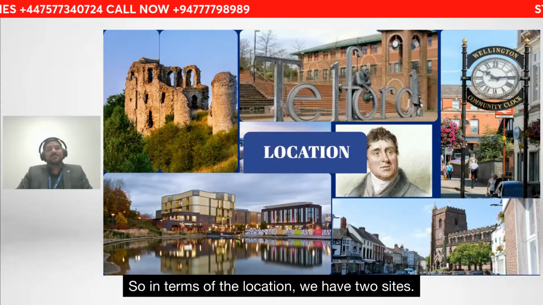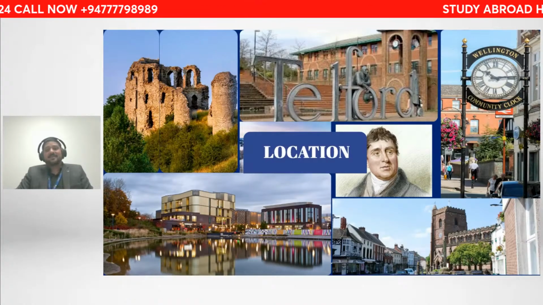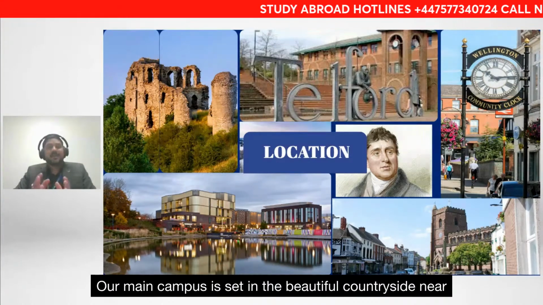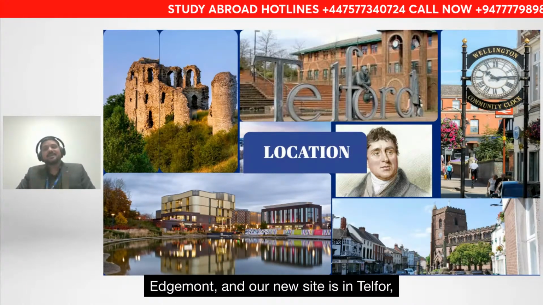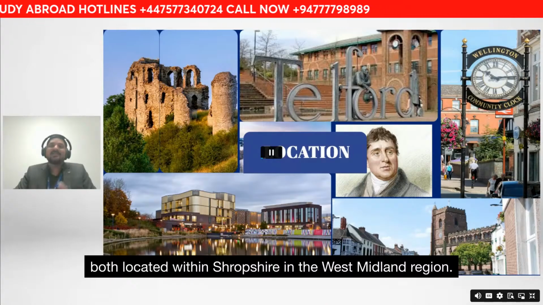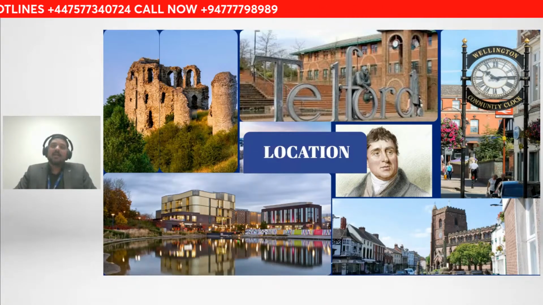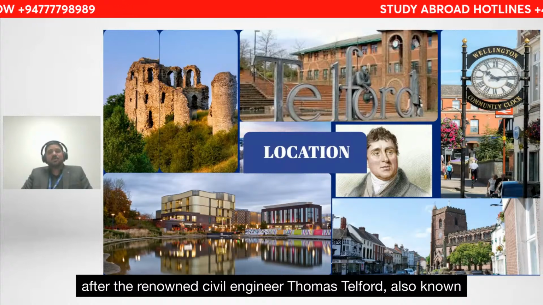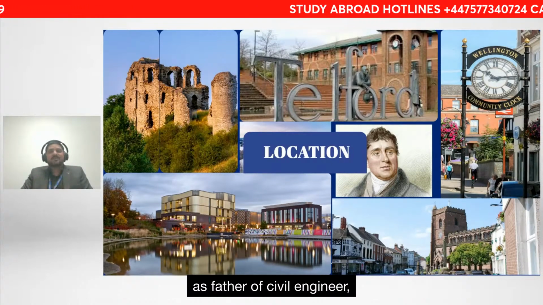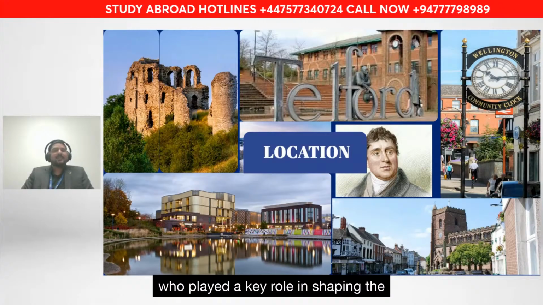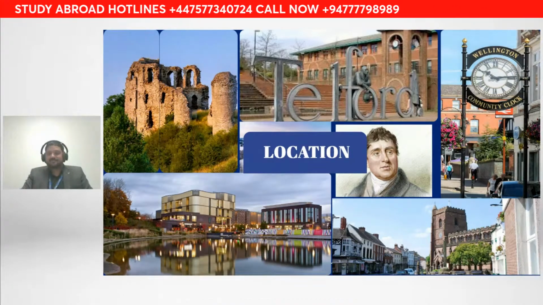So in terms of the location, we have two sites. Our main campus is set in the beautiful countryside near Edgmond, and our new site is in Telford, both located within Shropshire in the West Midlands region. The town of Telford was named after the renowned civil engineer Thomas Telford, also known as the Father of Civil Engineering, who played a key role in shaping the infrastructure of the region.